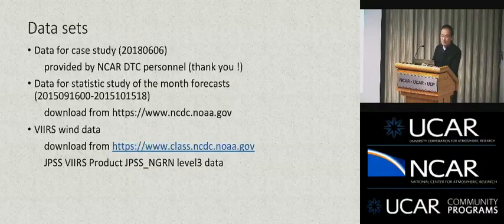For the data set for the case study, we got the data from personnel at DTC. Thank you, DTC person. For the statistical study of the monthly forecast, we downloaded the data from the NCDC. And for the wind data, in this experiment we only use the VIIRS wind data.